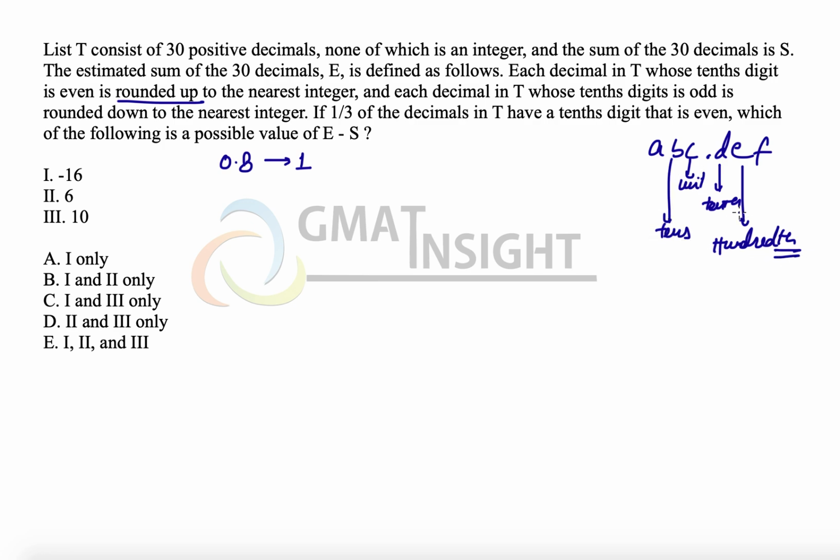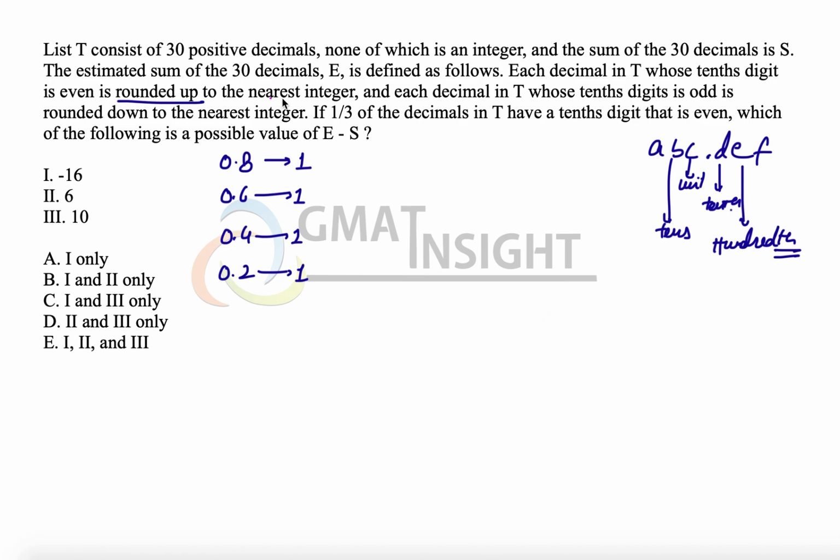So understand, if we have TH here, that means we are looking at the digit after the decimal. So 0.8 becomes 1, 0.6 becomes 1, 0.4 becomes 1, and 0.2 also becomes 1, because every even 10th decimal digit means we have to round it up.